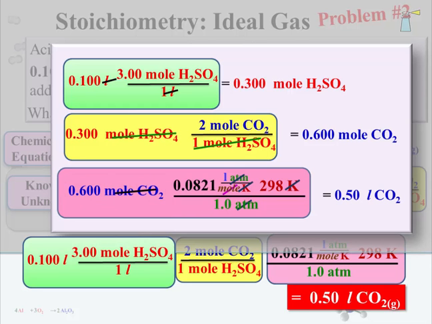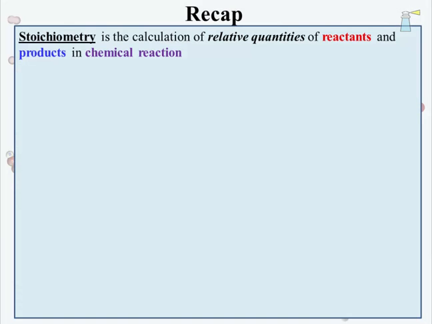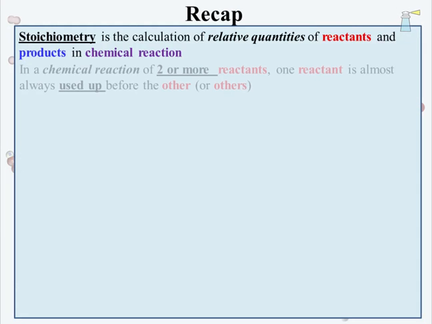The individual conversions in a stoichiometry problem involving the ideal gas law are developed in earlier lectures. Combining them into a single solution is still difficult and needs practice. As a recap, stoichiometry is the calculation of relative quantities of reactants and products in chemical reactions. The first topic of the lecture was limited reactants or reagents.